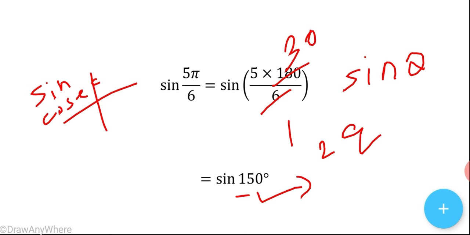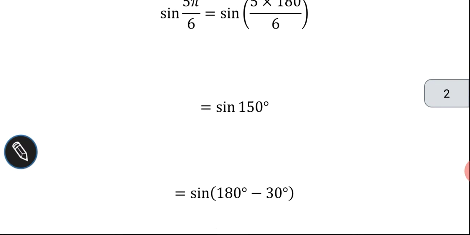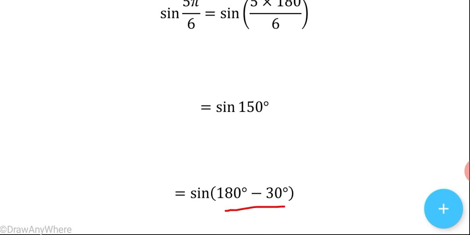So since 150 degree lies in the second quadrant, sin theta is positive. So 150 degree can be written as 180 degree minus 30 degree. 180 minus 30 will be equal to 150. So we can write sin 150 degree equal to sin of 180 degree minus 30 degree.